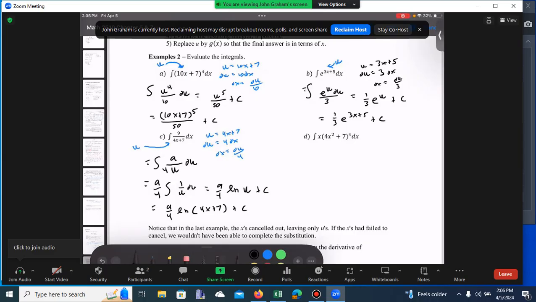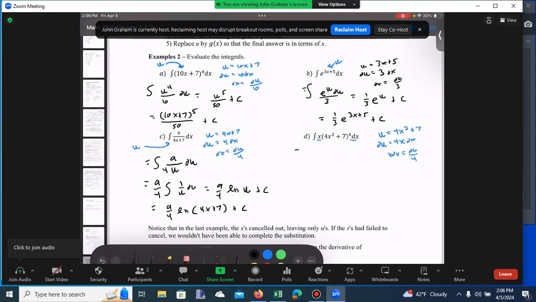Then the last one of these four. We'll let u equal 4x squared plus 7. du equals 8x dx. And then we don't have an 8, so we have to solve for the x dx. So x dx equals du over 8.